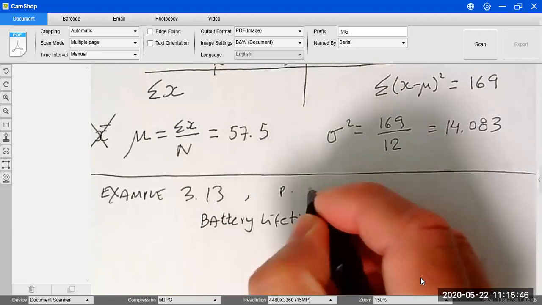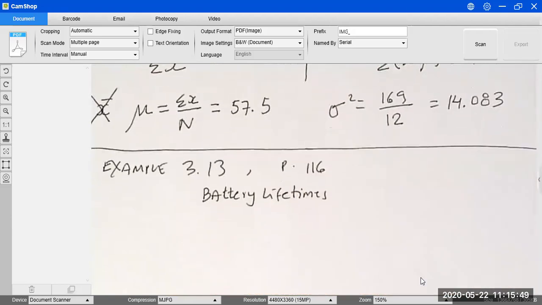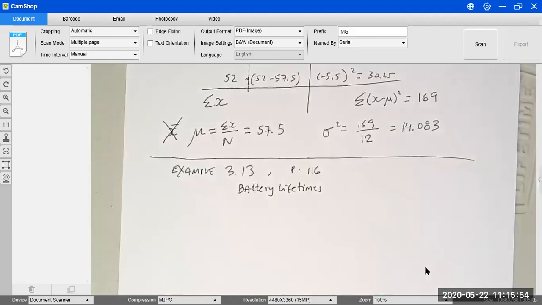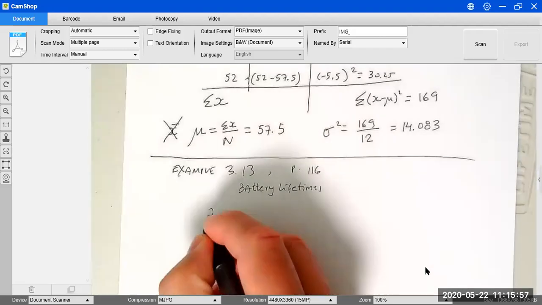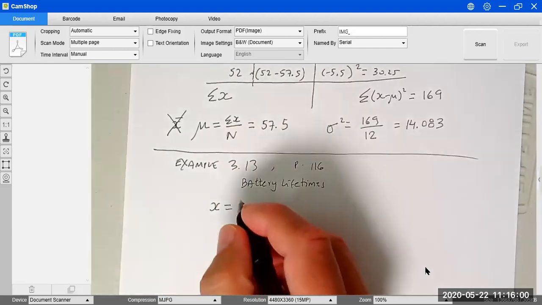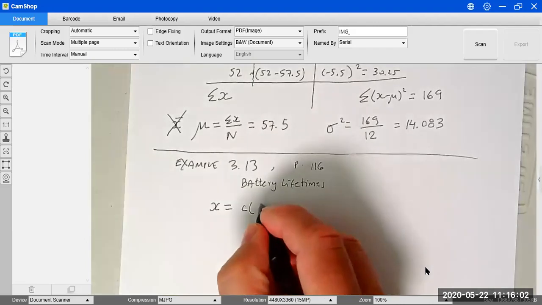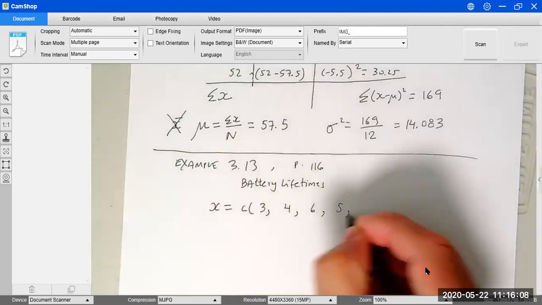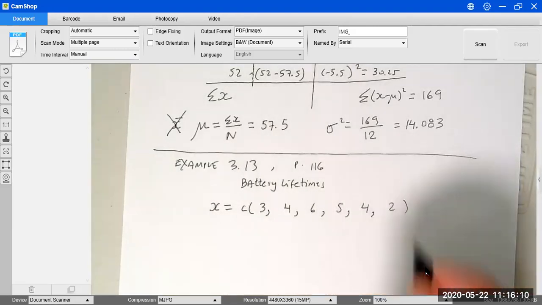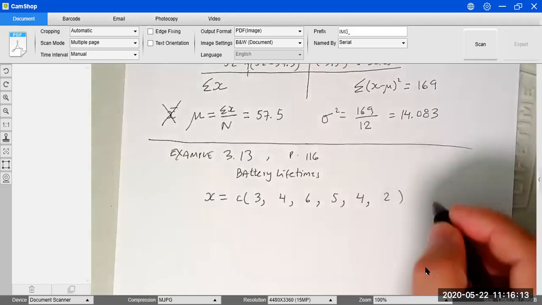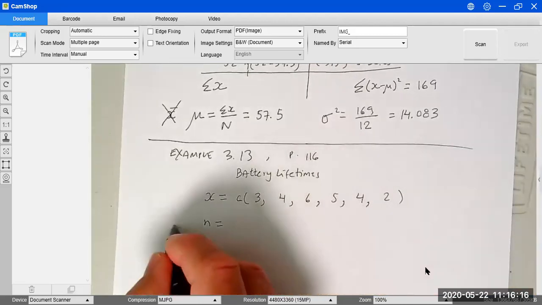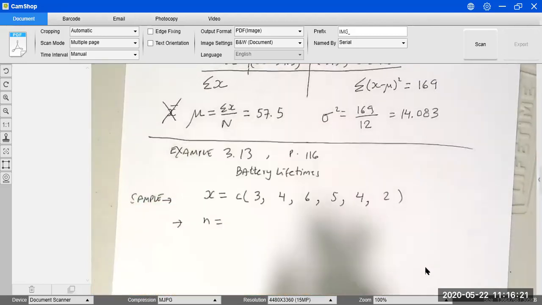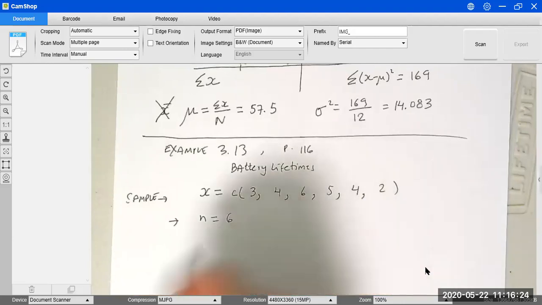This problem is on page 116. And we have the following information. We have the values of x. The sample is just 3, 4, 6, 5, 4, and 2. So there are 6 values. So n now is lowercase n because this is a sample. So n equals 6.